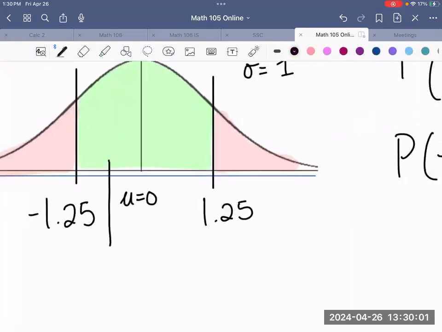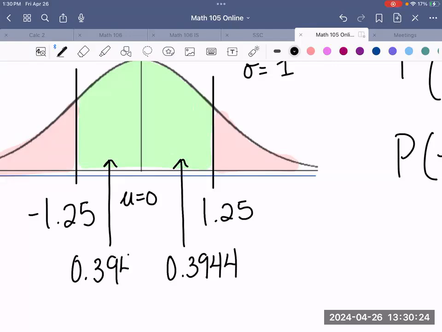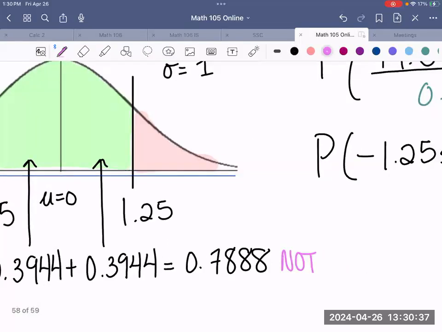From 0 to 1.25, we should have found 0.3944. Because your z-table is a symmetrical curve, we use that same value for the other side. If we added them together, this would be the percentage that is not rejected.